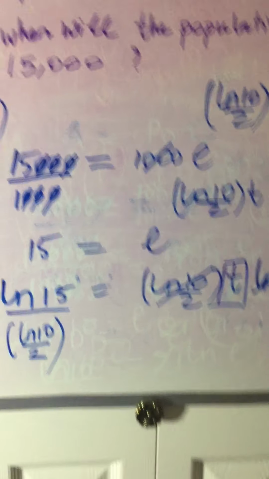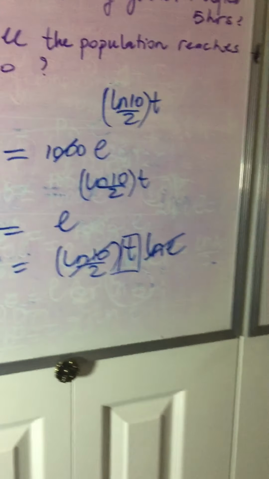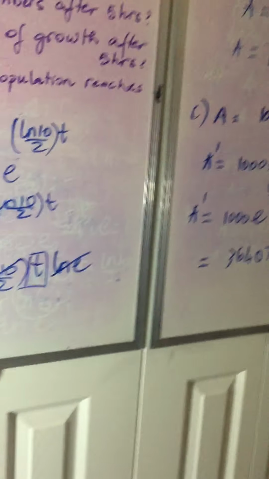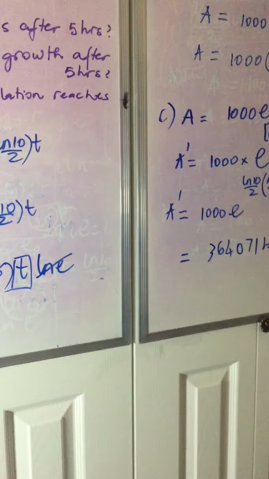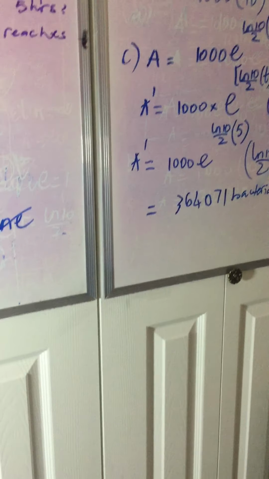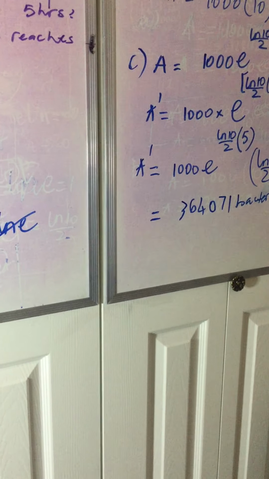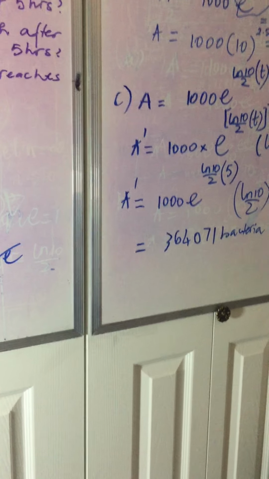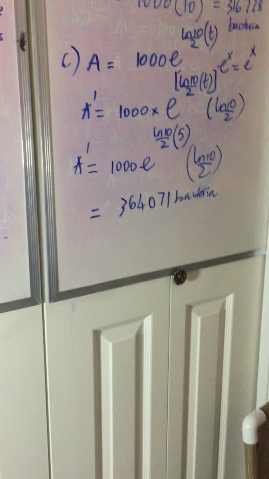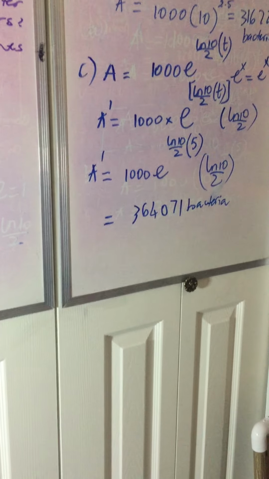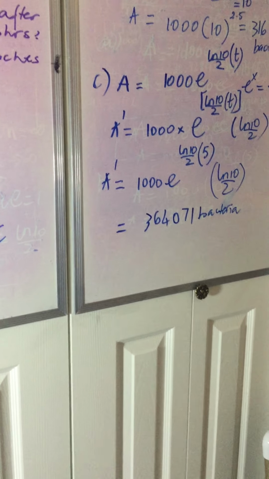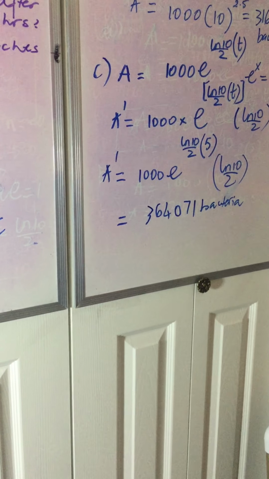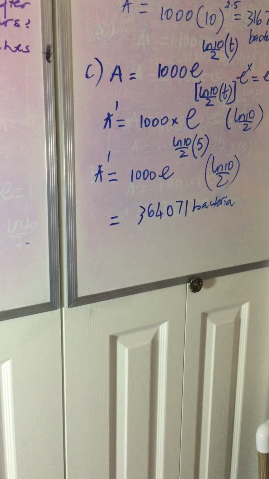So that's how we solve the equation, right? Okay, let's see how many hours t is equal. So ln 15, you can use a calculator for this. Enter, divide by, open bracket, ln 10, divide by 2.